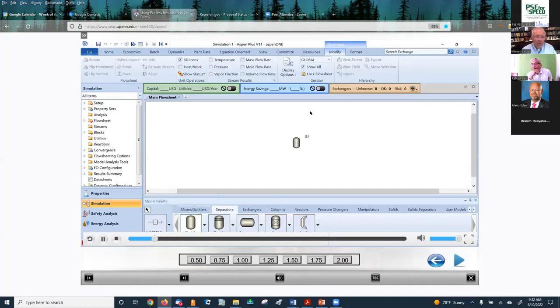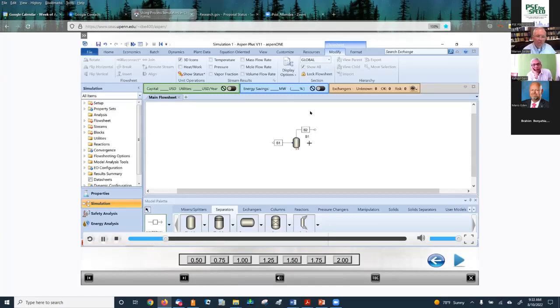All right, and that's the only block we're going to have in this simulation. So now we just need to specify the feed and product streams. So press the material stream, and we'll specify the feed stream first. So press on the red arrow going into the Flash 2 subroutine. Drag back and press again, and now we have our feed stream. Now we also need to specify the vapor overhead stream.